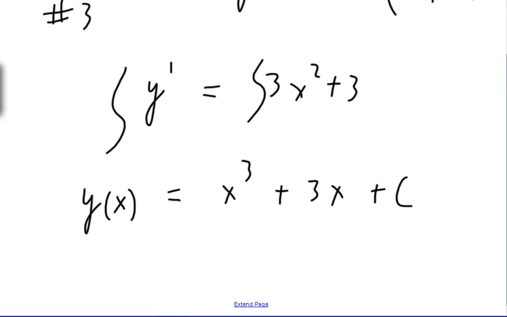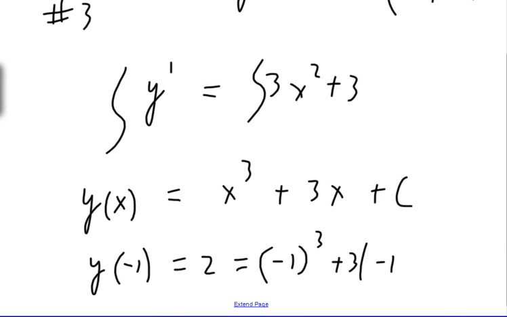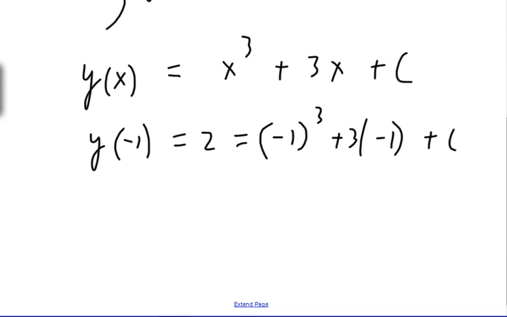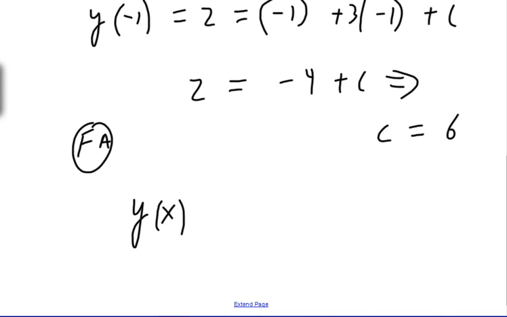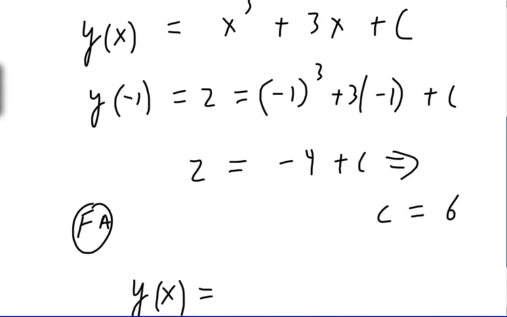And I find that y at minus 1 is going to be 2, which is going to be minus 1 cubed plus 3 times minus 1 plus c. So 2 has to be minus 4 plus c, implying very strongly that c is equal to 6. So final answer, y of x equals x cubed plus 3x plus 6.